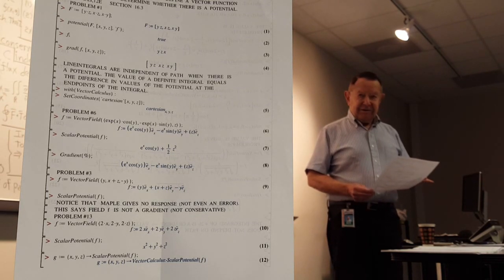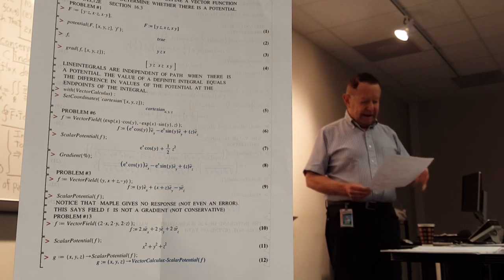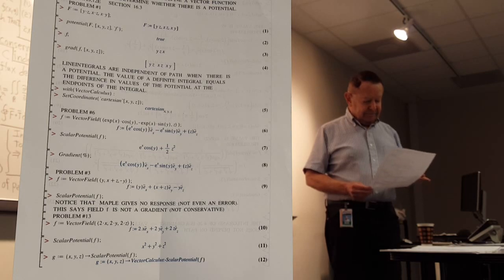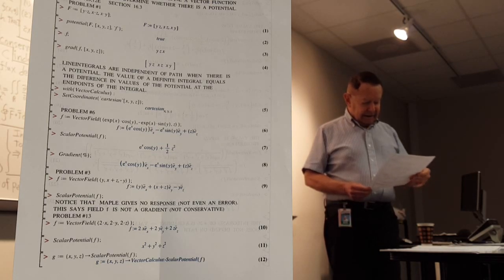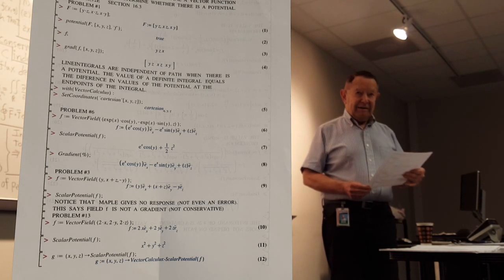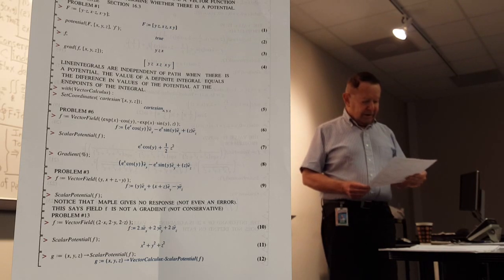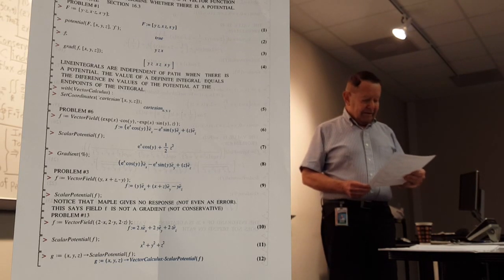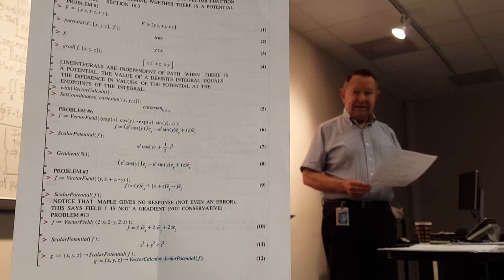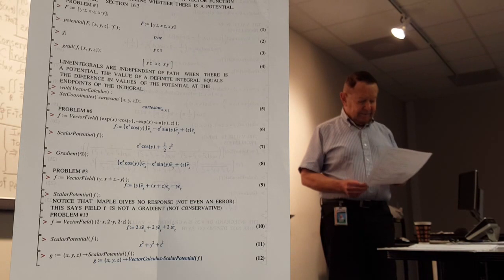So if you use the vector calculus package instead of the linalg package, you could, for instance, type something like this for problem 6. I use F as the vector field, and for problem 6 you'd see it's e to the x cosine y, and so on.